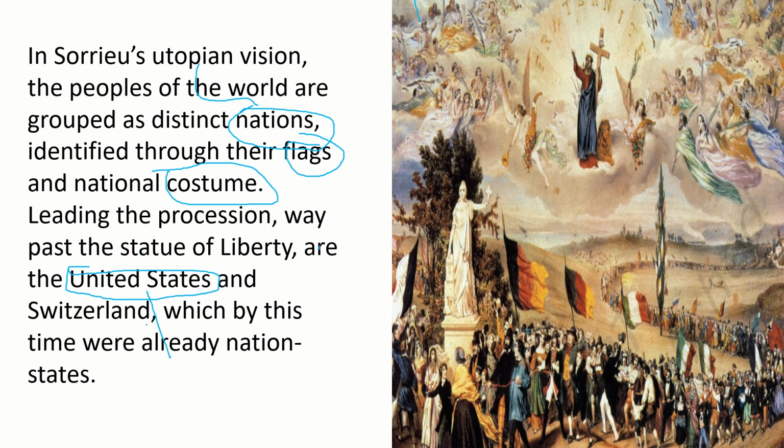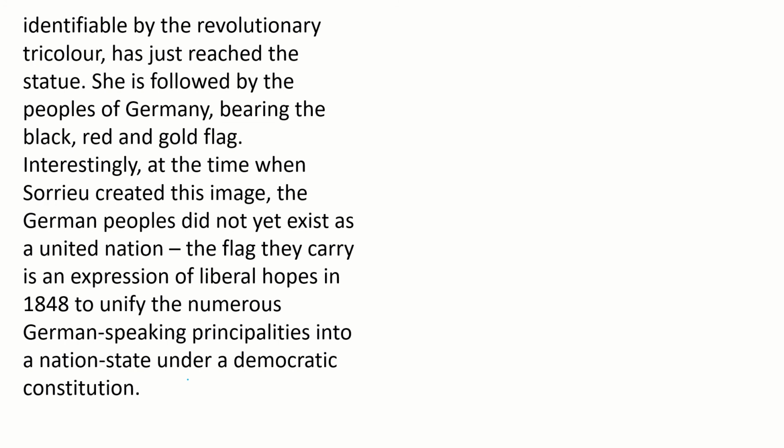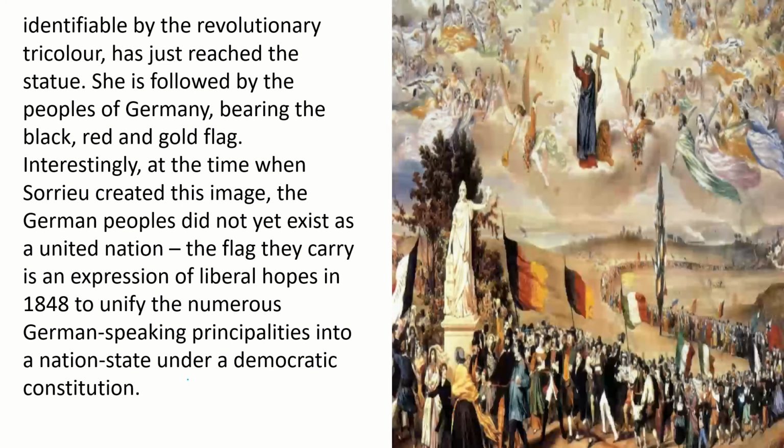And the next one is Switzerland, which by this time was already a nation state. Then, identifiable by the revolutionary tricolor, France has just reached the statue. The first flag reached the statue. You can see here in the picture this flag has just reached the statue.